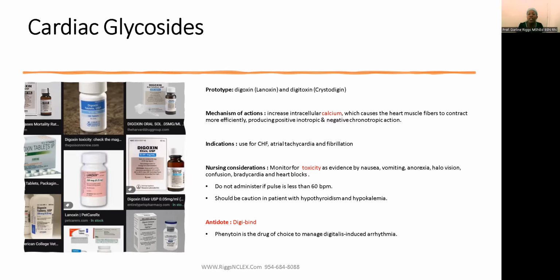One of the common causes of dig toxicity is hypokalemia. Low potassium causes dig toxicity. I'm going to show you the mechanism of how that happens so you understand and don't forget, and you can get all of your questions correct.